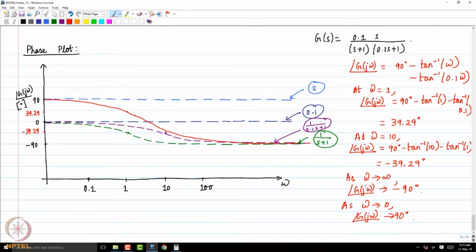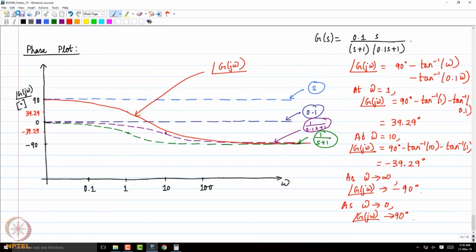So the red one is the phase of G of j omega. That is the phase plot for this particular transfer function, and you immediately see that because this has a 0 at 0, and it does not have a 0 on the right half plane, it essentially follows the points that we discussed at the beginning of this class, right.